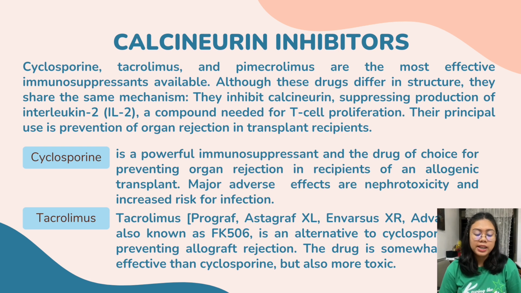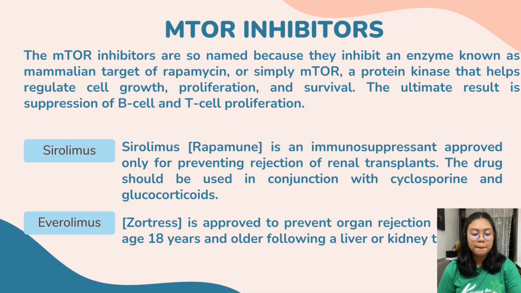Cyclosporine is a powerful immunosuppressant and a drug of choice for preventing organ rejection in recipients of an allogeneic transplant. Tacrolimus, also known as FK506, is an alternative to cyclosporine for preventing allograft rejection. The drug is somewhat more effective than cyclosporine but also more toxic.